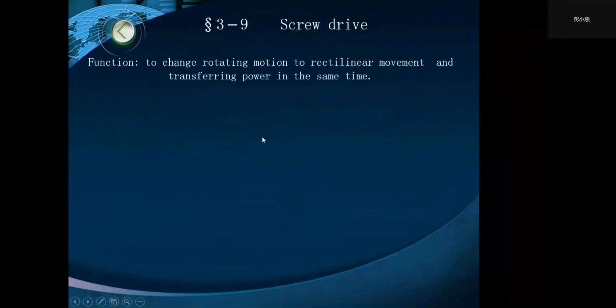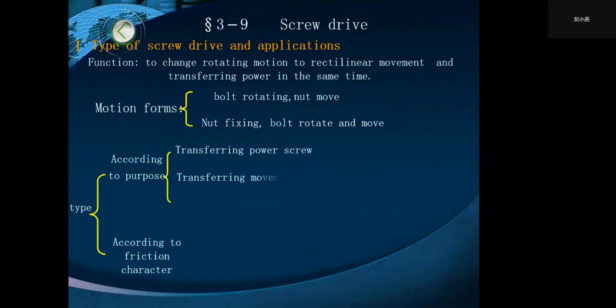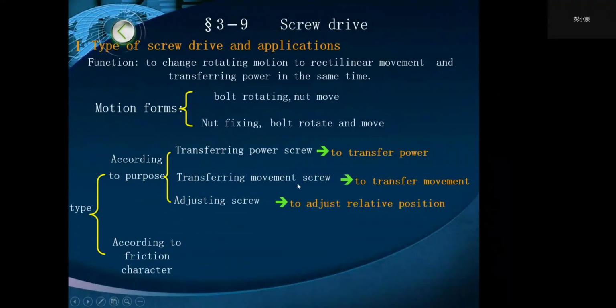And for screw drive, the types of screw drive according to the purpose include transferring power screw, transferring moment screw, and adjusting screw.